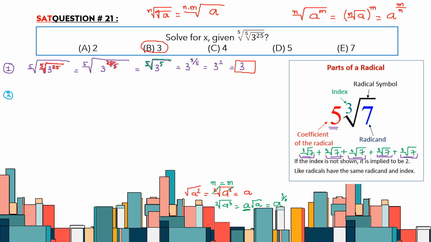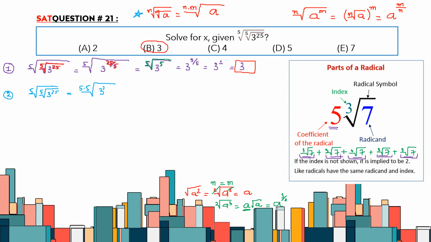The second way we can do this one is we will use this formula. So we have fifth root of 3 to the power of 25. We'll combine the roots by 5 times 5.